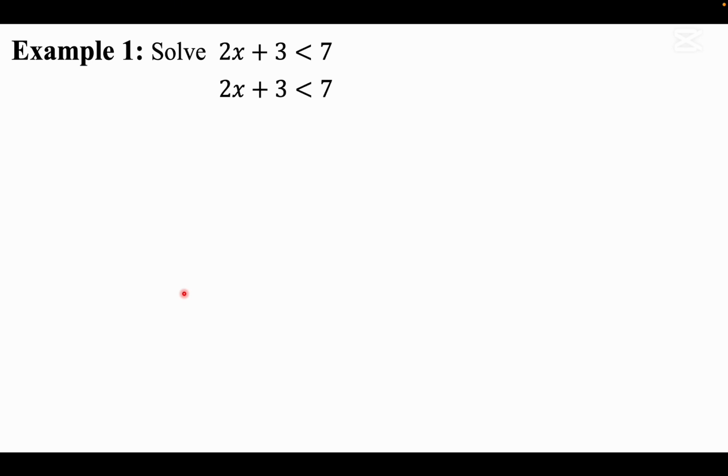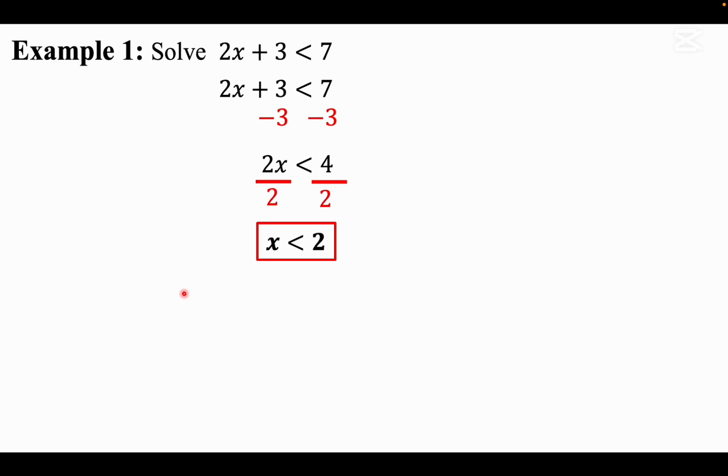So first thing I would do here is I would subtract 3, inverse operation, and then you get 2x is less than 4. And since 2 is being multiplied to x, to get x alone, I have to divide by 2 on both ends. Division is inverse of multiplication. And then you get x is less than 2.